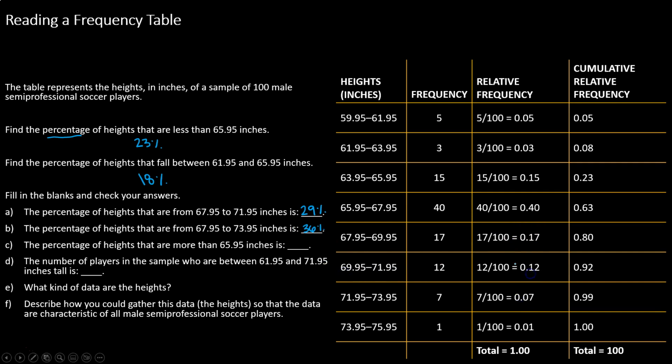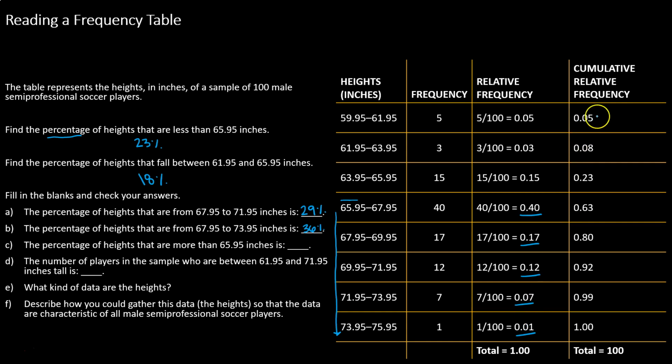Our next question is asking us for all of the heights that are 65.95 and above. So 65.95 starts here. Anybody taller than that appears in these rows. Now I could add the 0.4, the 0.17, 0.12, 0.07, 0.01, but there's also a shortcut that we can do.